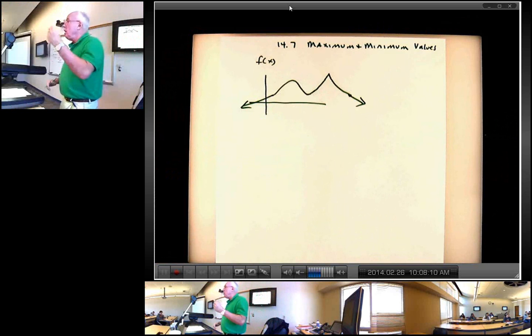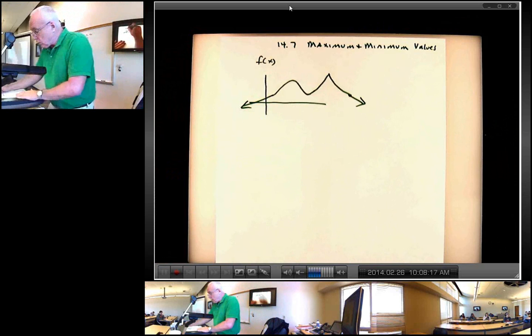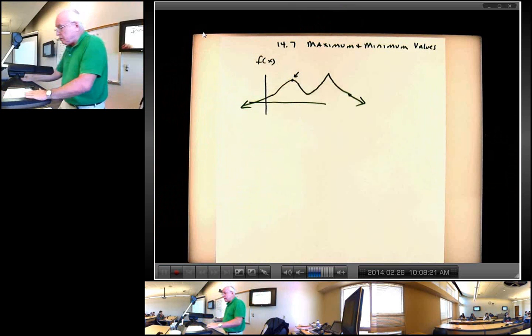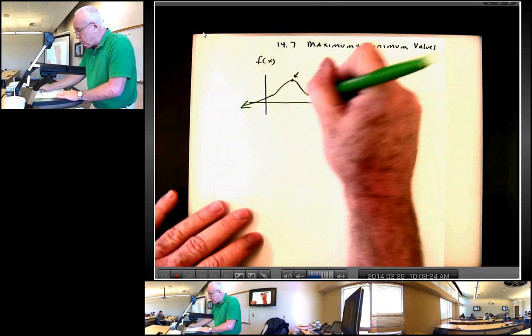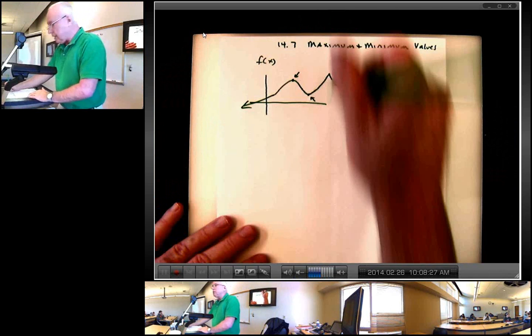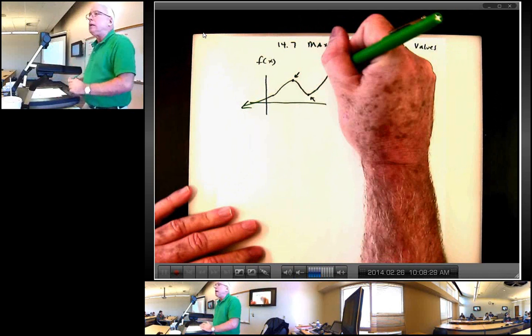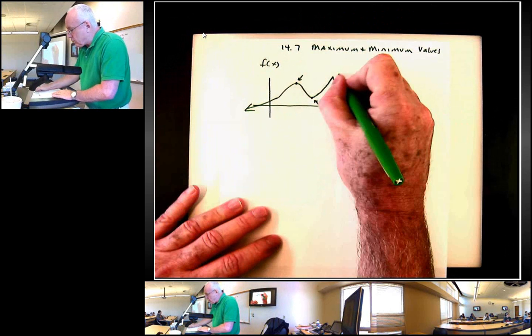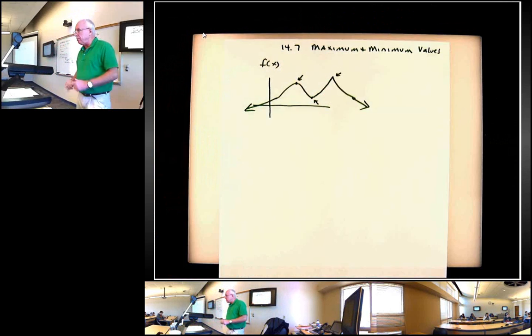Remember, those are the points where they have values bigger than the immediately surrounding values. Right up here at the top of the hill, we have a local maximum. Here at the bottom of the hill, we have a local minimum. And then here at the top of this alpine mountain with a sharp corner, we also have a local maximum.